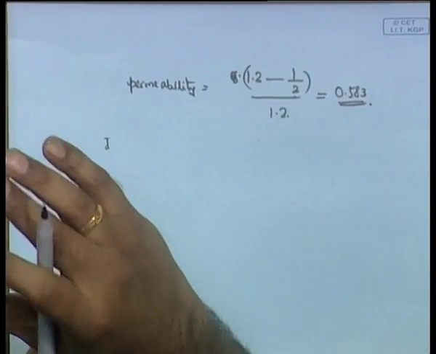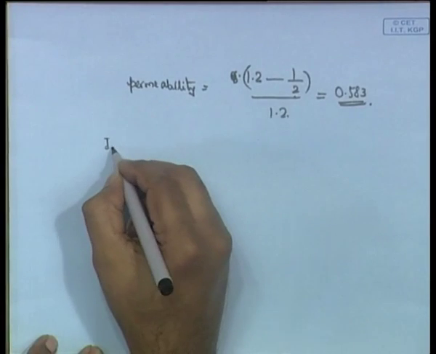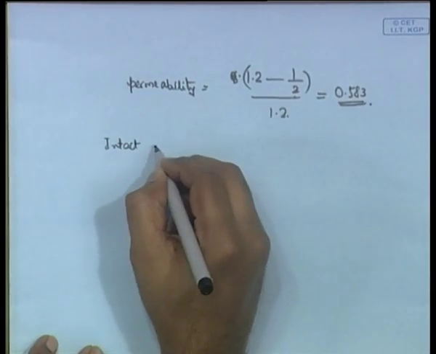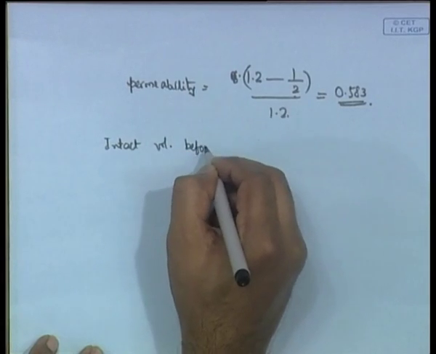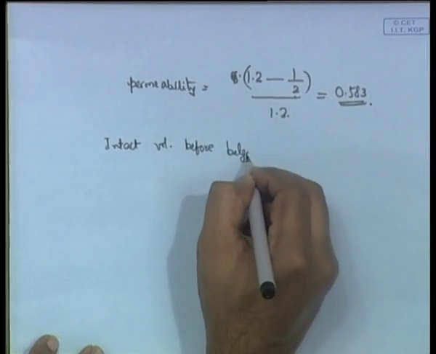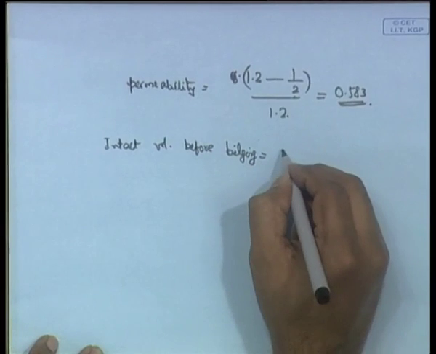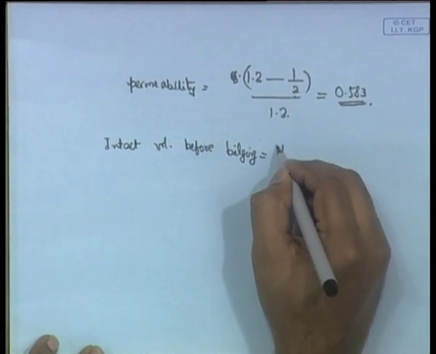Now, I will write this: the intact volume before bilging is equal to the volume after bilging.